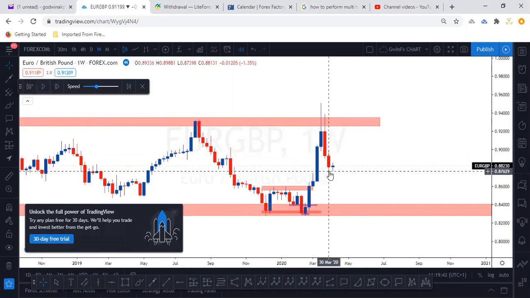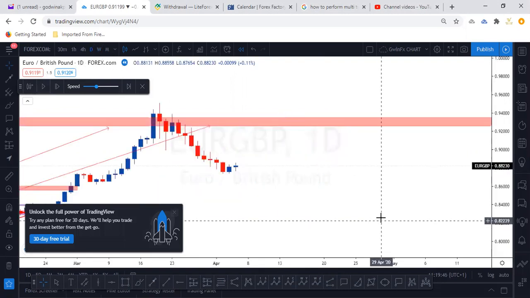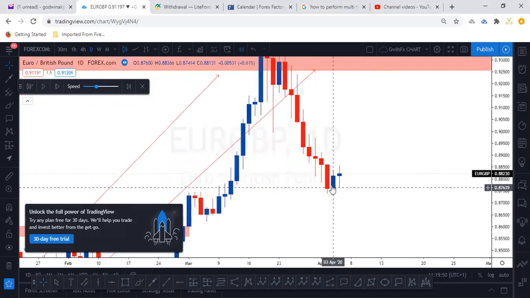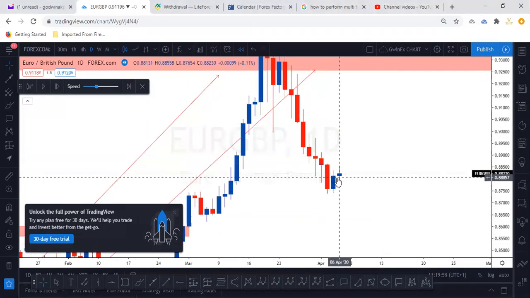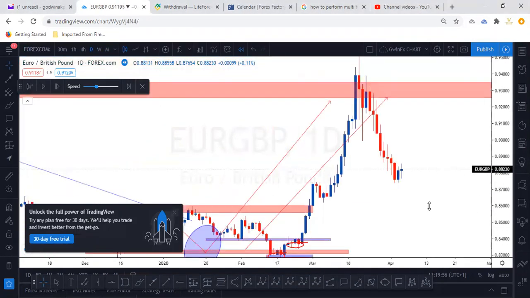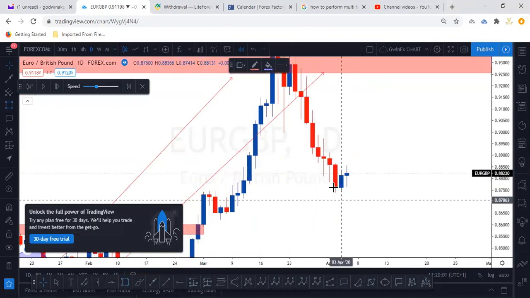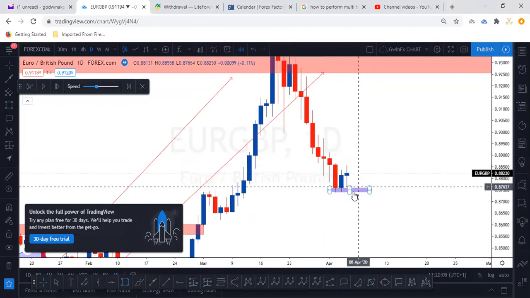No entry yet on the daily. On the daily, this is not a reversal pattern candle. But for the sake of a bullish setup, what I will do is quickly put a line here and then watch how price will react around this point.